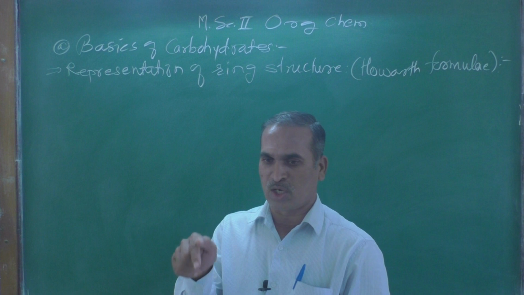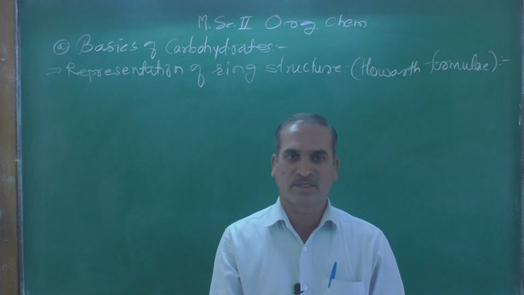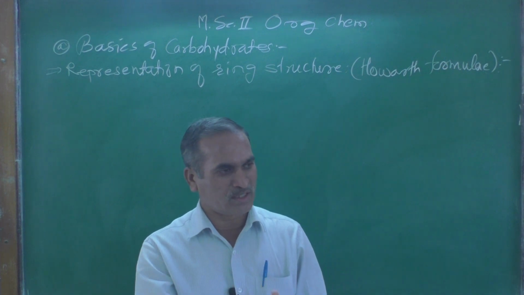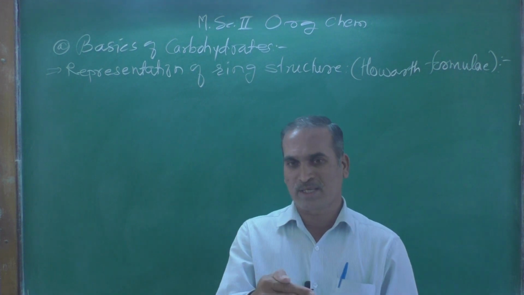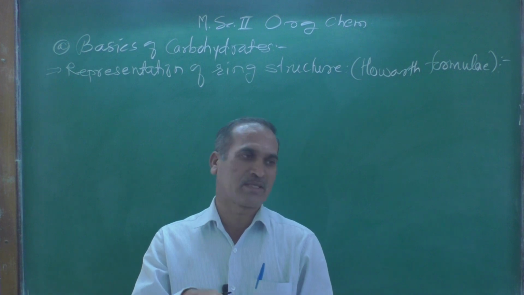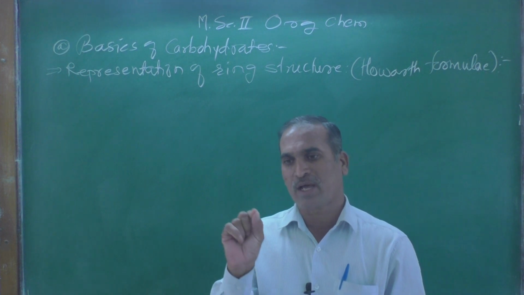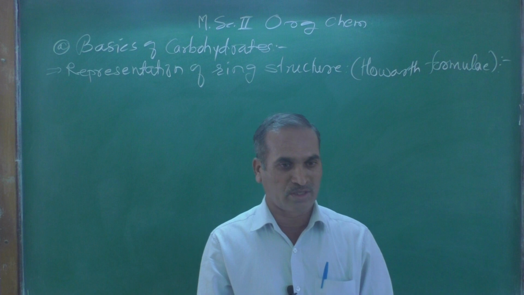When it is on the alpha side, it is termed alpha D glucopyranose. When the hydroxy group is on the beta side, it is above the plane, and on the alpha side it is below the plane at the anomeric carbon atom. And as we know, anomer means what?